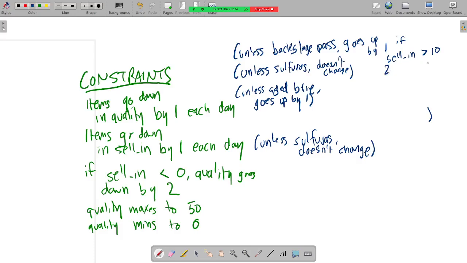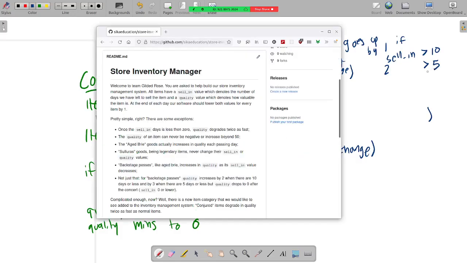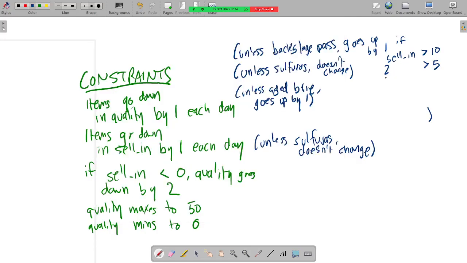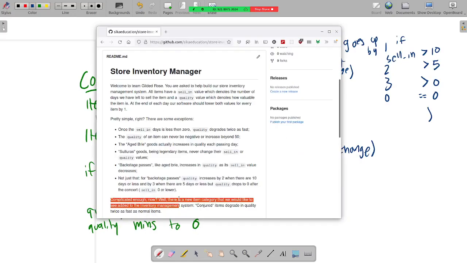It goes up by 2 if it's 10 days or less. 3 if it's 5 days or less, if it's greater than 0, and otherwise 0, because we can't go any lower than 0. Complicated enough? Yes?